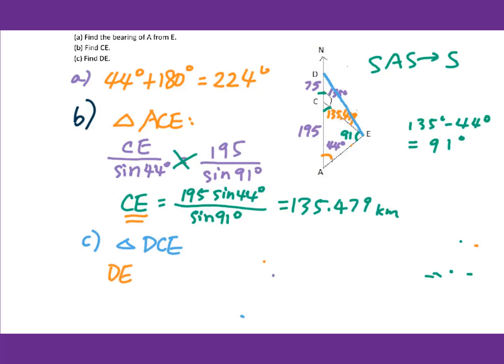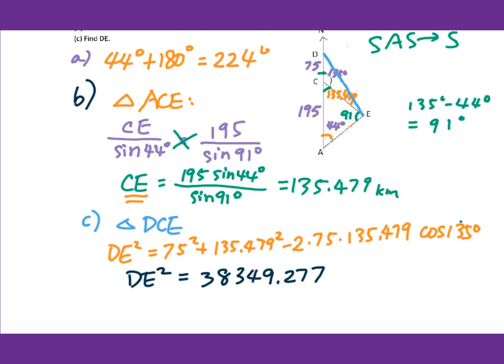Therefore, we got DE squared equals 75 squared plus 135.479 squared minus 2 times 75 times 135.479 times cosine 135 degrees.